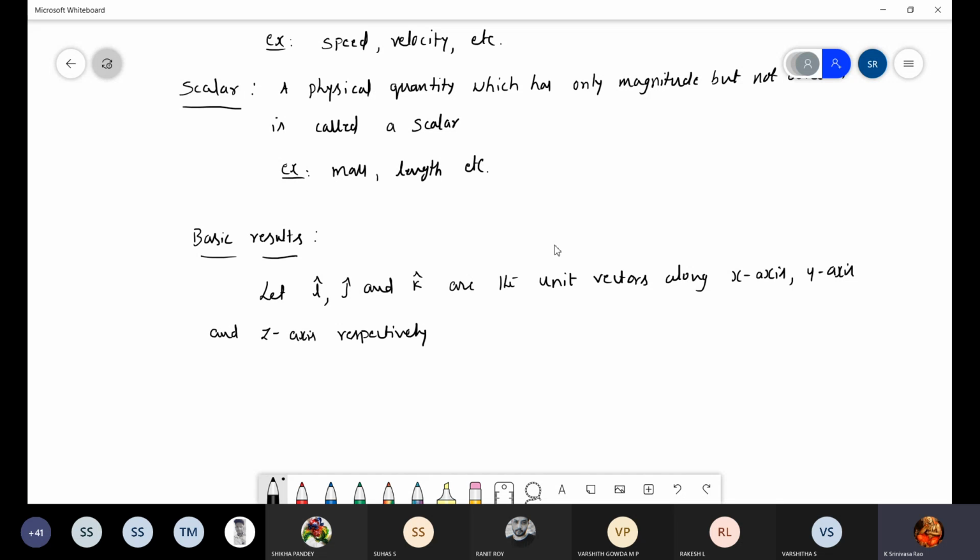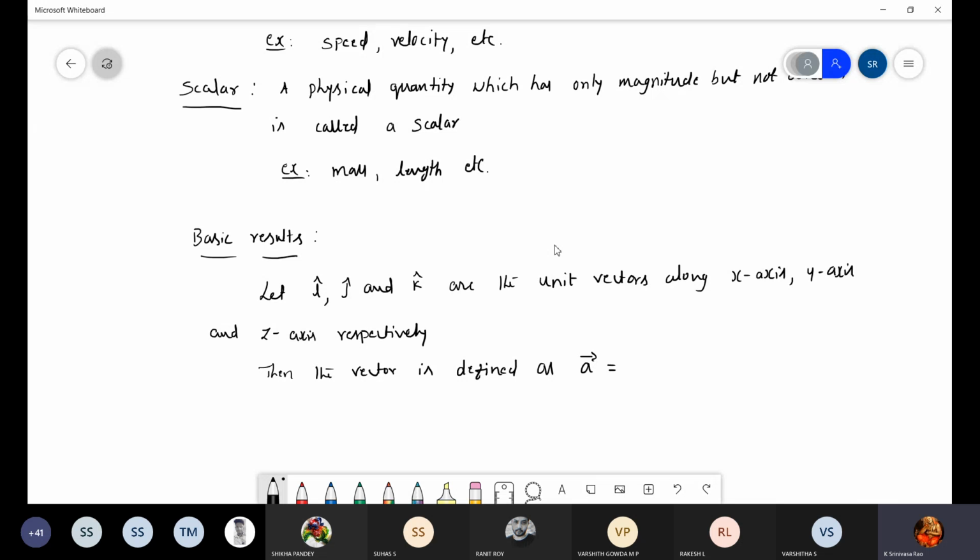Okay, next. Then the vector A is defined as: we write one alphabet and above it an arrow mark.